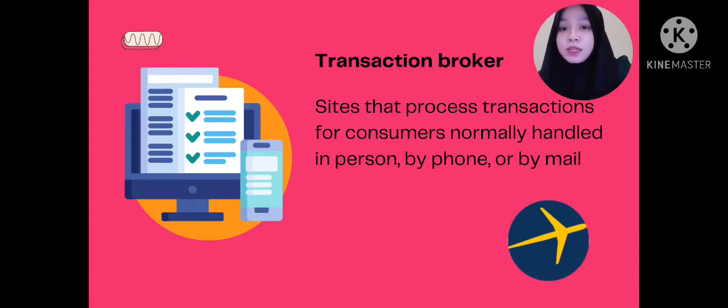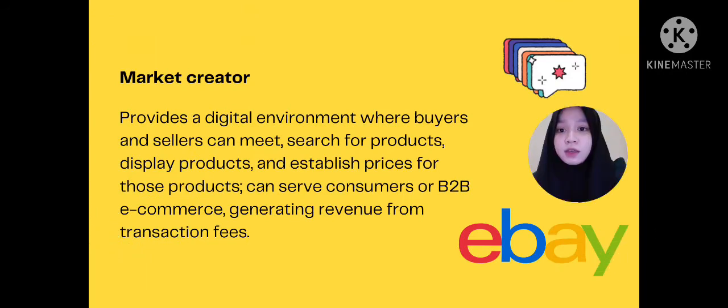For example, Expedia. And then we have market creator. A market creator provides a digital environment where buyers and sellers can meet, search for products, display products, and establish prices for those products. It can serve consumers or B2B e-commerce, generating revenue from transaction fees. For example, eBay.